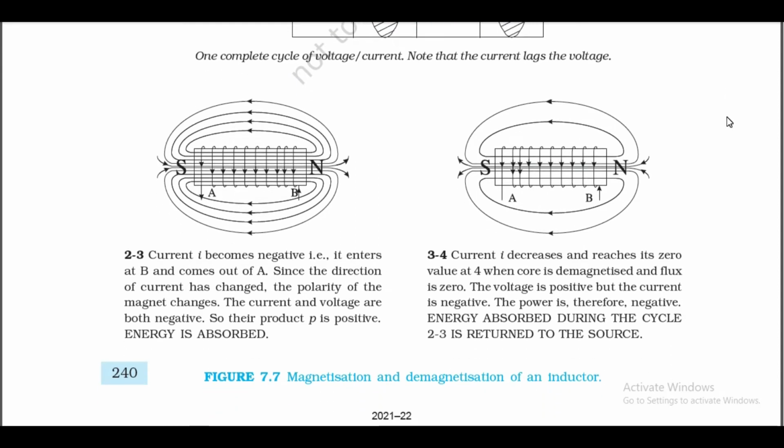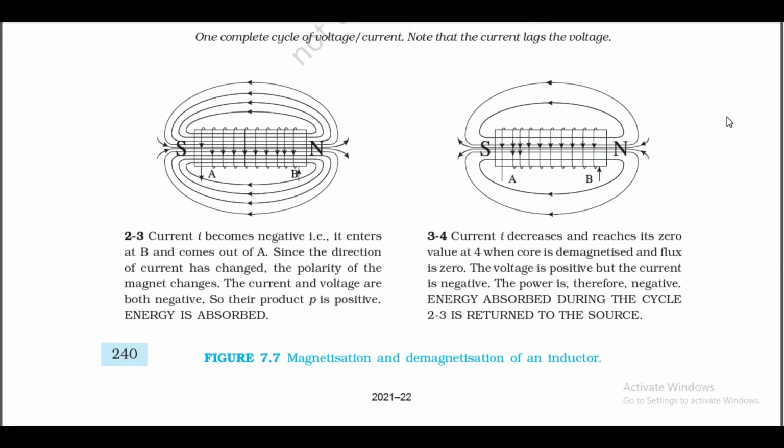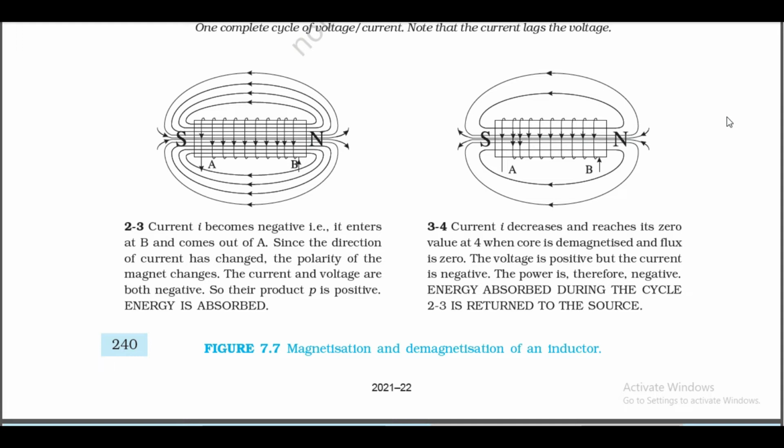2 to 3. Current i becomes negative, that is, it enters at B and comes out of A. Since the direction of current has changed, the polarity of the magnet changes. The current and voltage are both negative, so the product P is positive, energy is absorbed. 3 to 4.